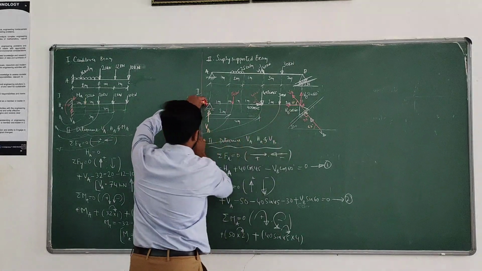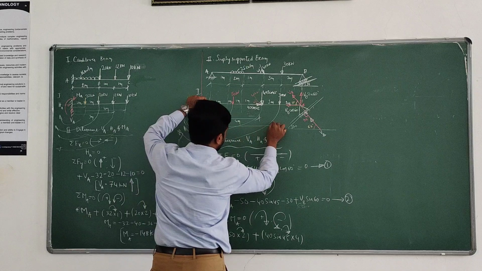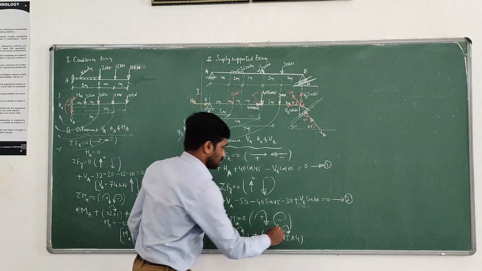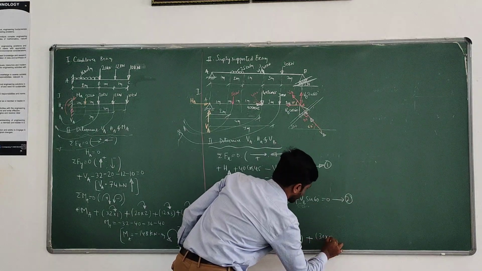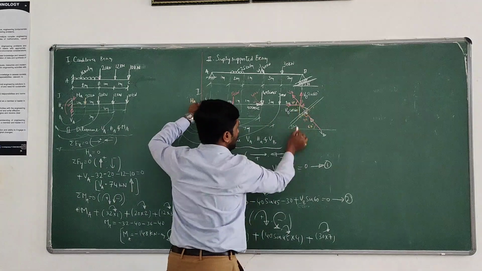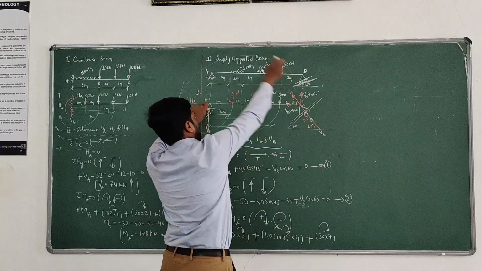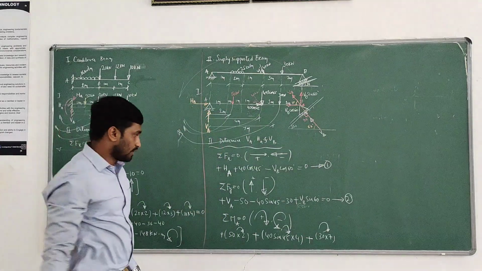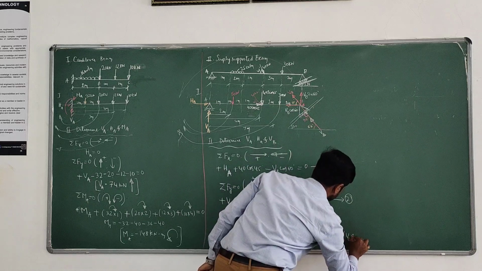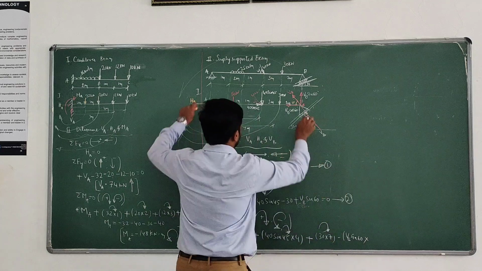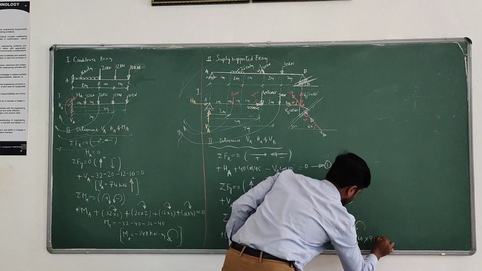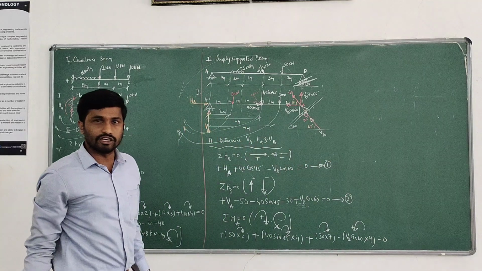This 30 also rotates clockwise about A, at 4 plus 3, 7 meters, so plus 30 into 7. But VB about A rotates in the counterclockwise direction. That is minus VB sin 60 into the total distance, 7 plus 2, 9, equal to 0.